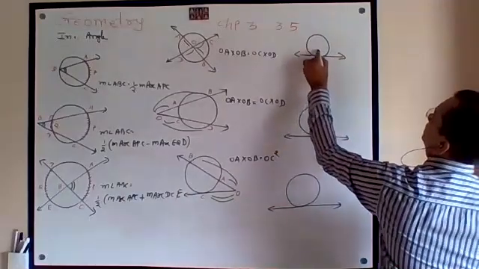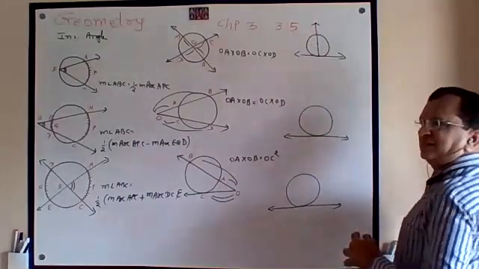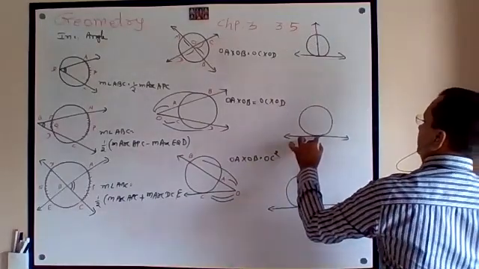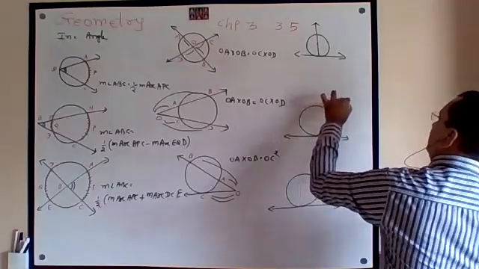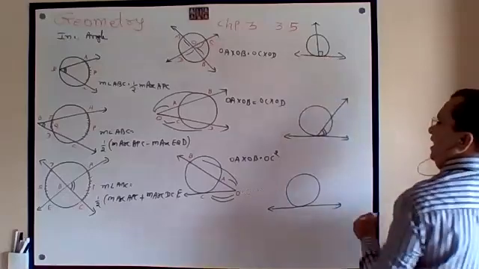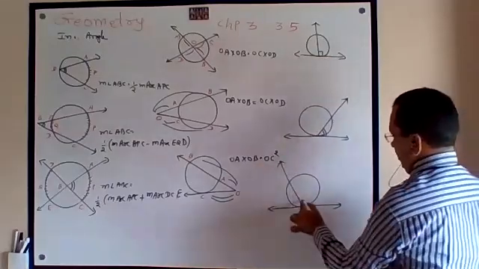Now the secant is exactly passing through the center, means 90 degrees, right angle. Then less than 90, exactly 90, and more than 90.